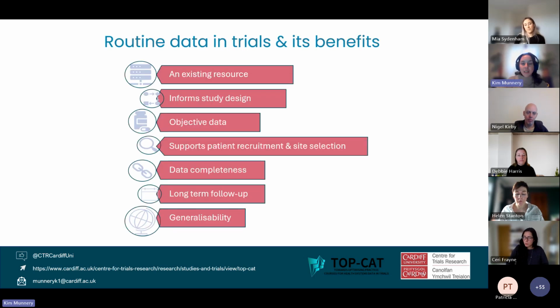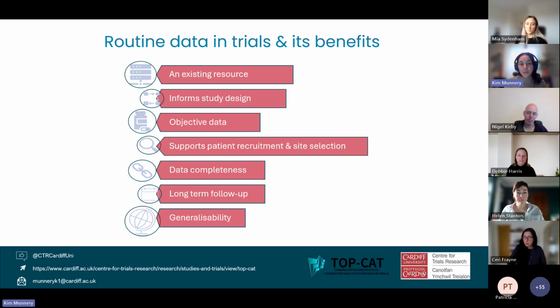Okay, so routine data and its importance then, and its benefit. So as mentioned, it's an existing resource. It's already there. As soon as someone uses a service, that data is captured. Therefore, it's very rich in information and has a lot of variables that could be really helpful for research.